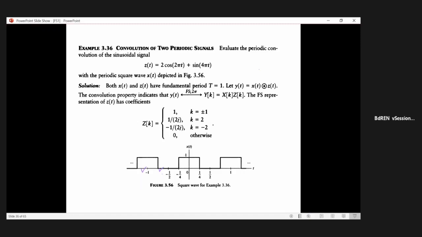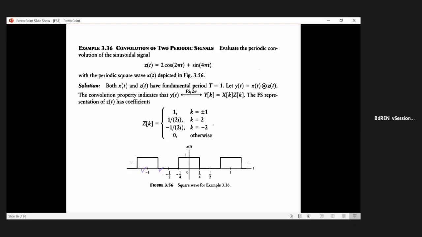You see that your x(t) and your z(t) are given. But if we want to convolve our x(t) with z(t) in the time domain, it is a bit tedious. Then what you can do is, we have our X_k determined earlier, the Fourier constant X_k. By inspection, you can find the Fourier constant Z_k. Then you multiply your X_k with Z_k, with the time period equal to 1, and that will give you Y_k.